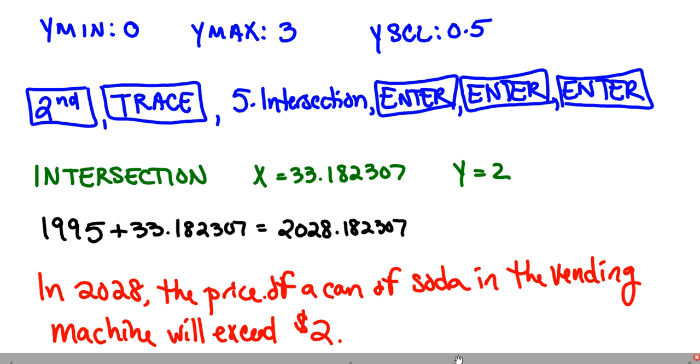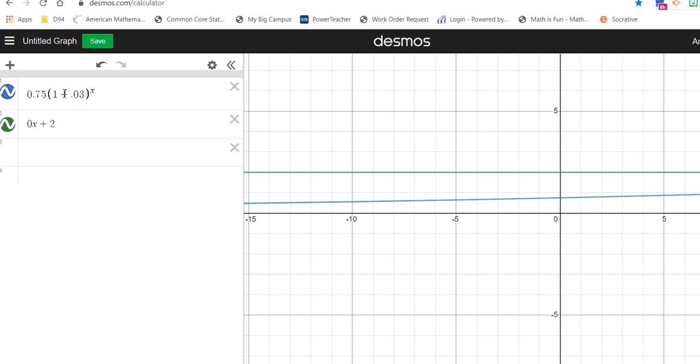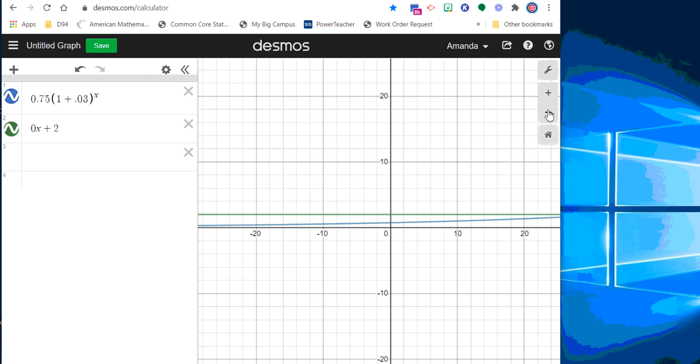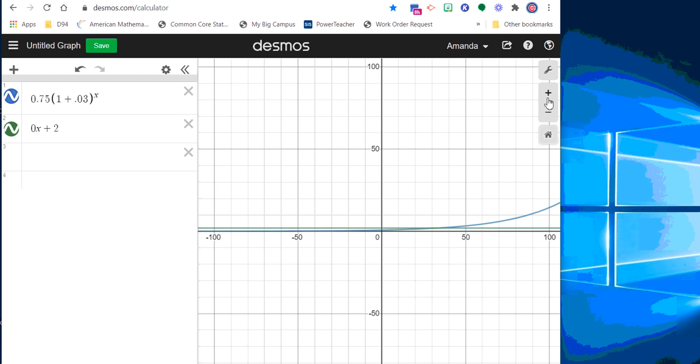Now, those of you doing Desmos, you would do the same thing. You would go to your graph feature and enter in your 2 functions. And notice we have to adjust the window. You can do that one of 2 ways. You can go here and manually adjust it, or you can zoom in and out. Whatever works best for you.